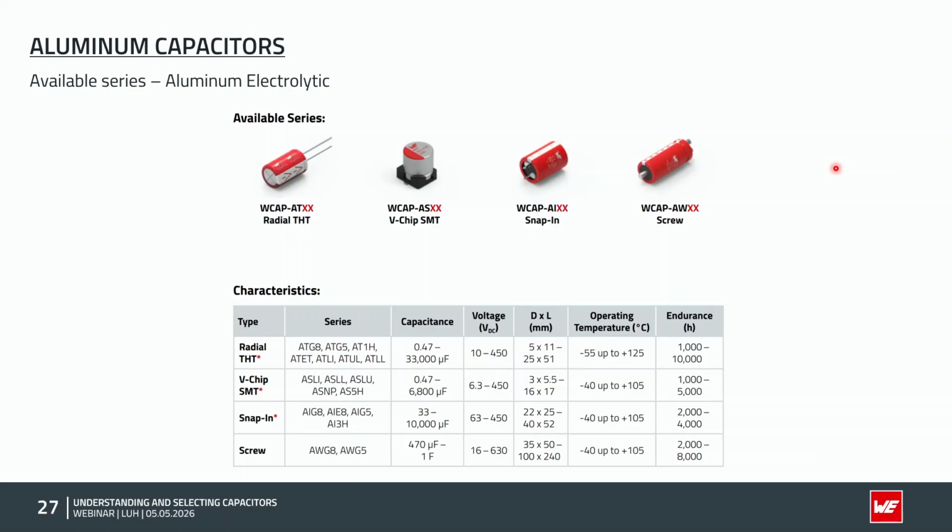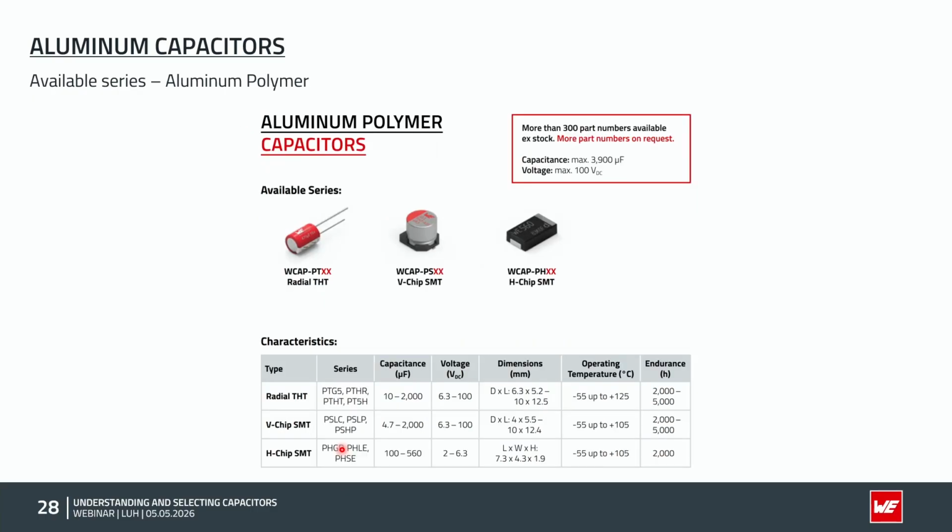Just some overview, what series do we have? For electrolytic ones, we have radial THT, V-chip SMT, snap-in capacitors or screw capacitors, so we can produce a big variety of capacitors, also very big ones. For aluminum polymer capacitors, we are a little bit limited when we talk about the size.